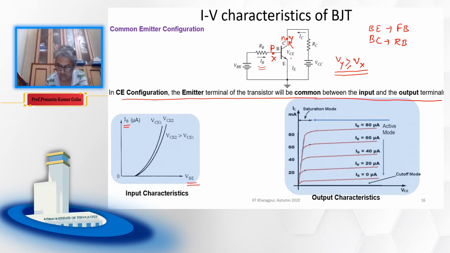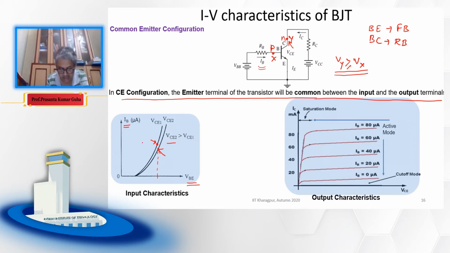Vy is nothing but the voltage between collector and emitter, because the emitter is grounded, so this voltage is with respect to ground. With increasing VCE, your base current decreases. This is for VCE1, this is for VCE2.